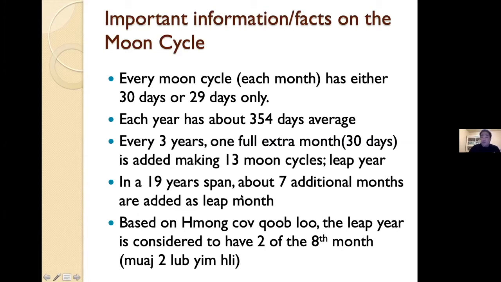Every 3 years, you need to add a full moon cycle, another 30 days, to make it 13 moon cycles. We call that a leap year. Why? Because you are missing about 10, 11 days one year, the next year about 10, 11 days, and the next year about 10, 11 days.